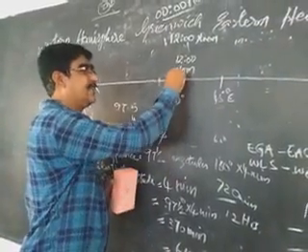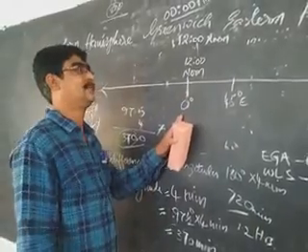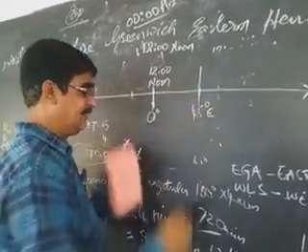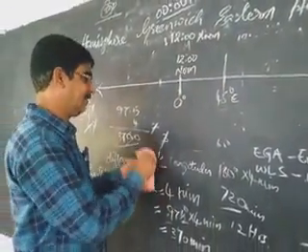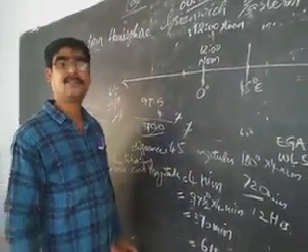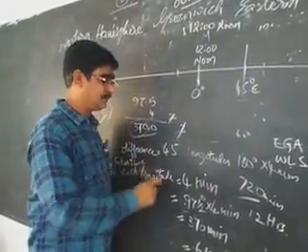See here, the time is given for 0 degrees. They asked for 45 degrees east. The difference is 45 longitudes. How many longitudes are there? 45 longitudes.